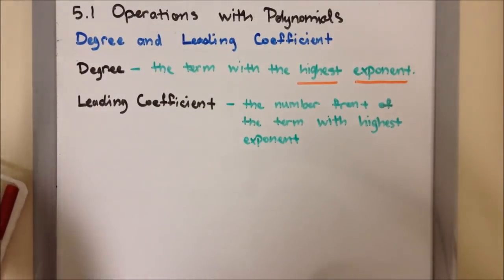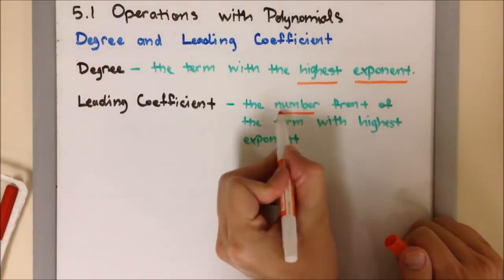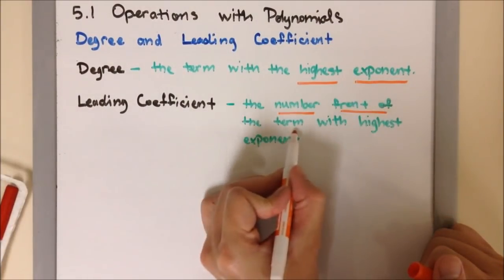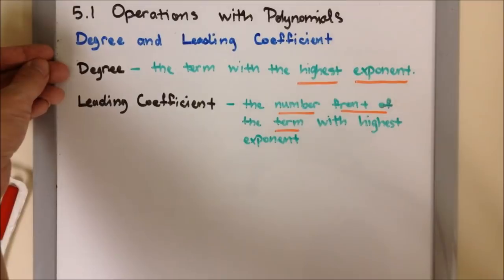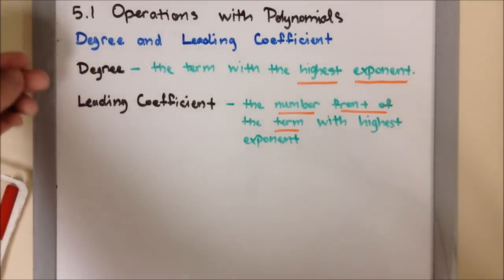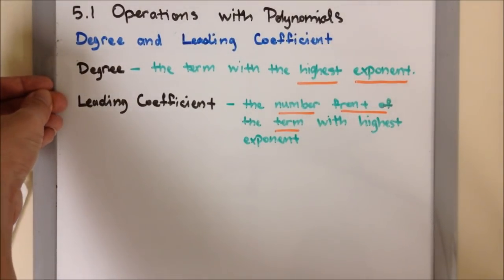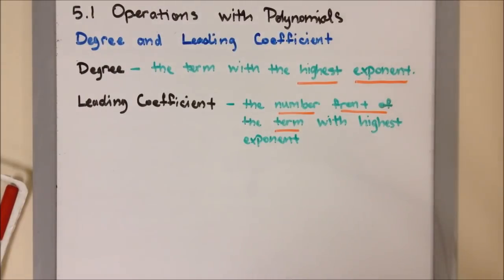So, leading coefficient is the number in front of the term with highest exponent. So, when it asks you to find degree and leading coefficient, you first identify which term has the highest exponent, then you're able to identify leading coefficient. Next, we're going to do some examples on how to find degree and leading coefficient.